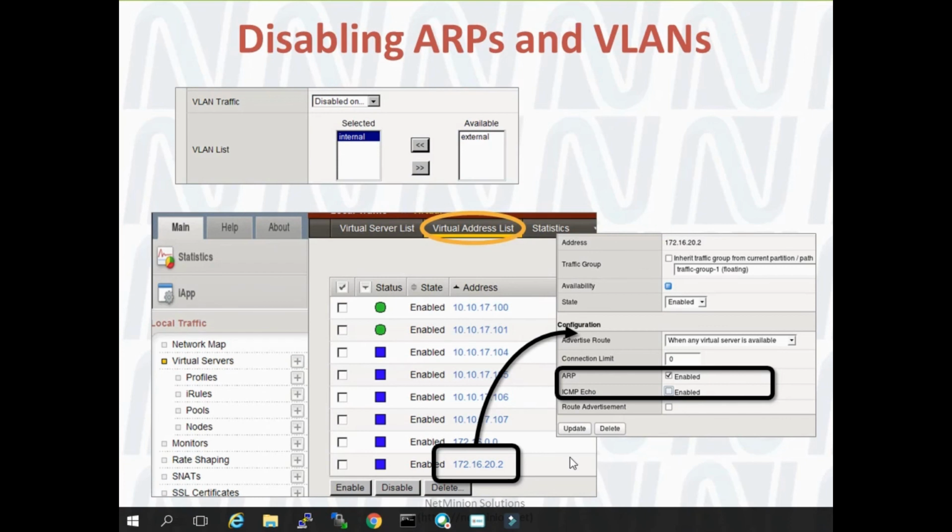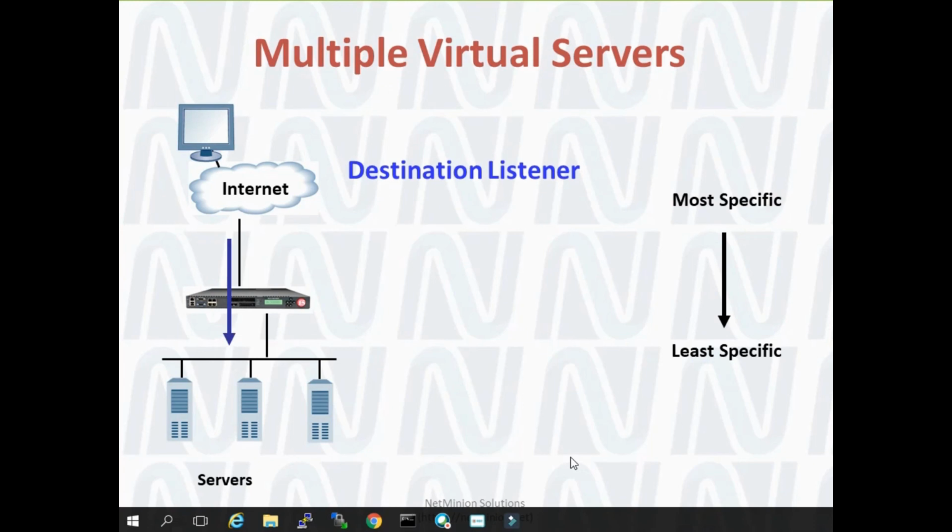Again, this is very important stuff, and you should be aware of it. As we talked about routing in our past classes, for routing, your longest match will be checked first. Similarly, over here, the criteria is most specific to least specific.